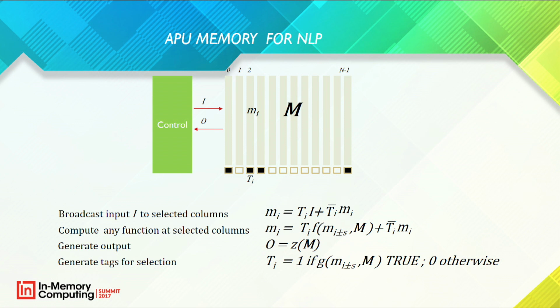We can broadcast. This is the function which represents associative memory. We can take any data and broadcast it to the memory where t is equal to 1. So if t is equal to 1, we can broadcast the data only in places where they are marked by 1. So we do not broadcast to all the data. We just want to do selective broadcasting.